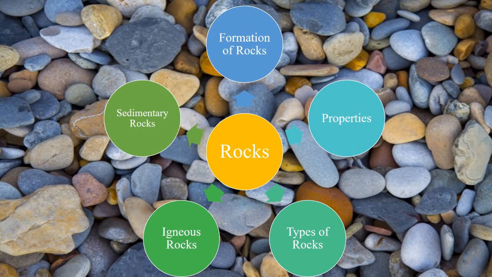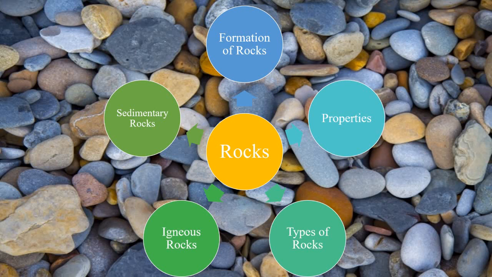They also have properties like shape, size, luster, streaks, etc. We looked at the different types of rocks and the different minerals that are in these rocks, such as silica, aluminium, magnesium, iron, and so on.